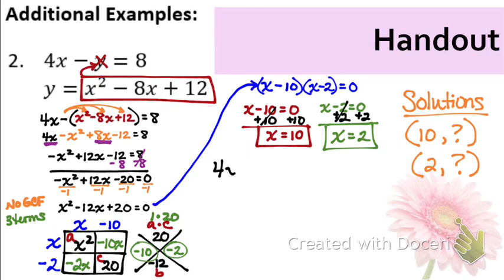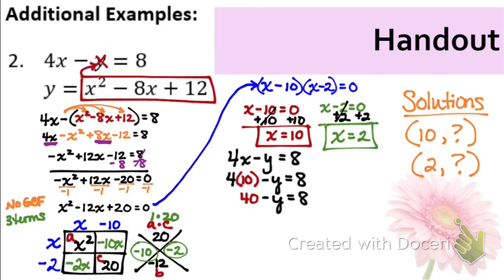All right, so 4x minus y equals 8. What are we putting in the place of x? 10. Minus y equals 8. What's 4 times 10? 40. So 40 minus y equals 8. How do I get y by itself?